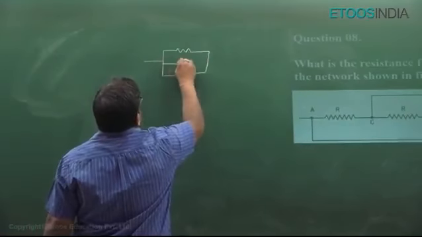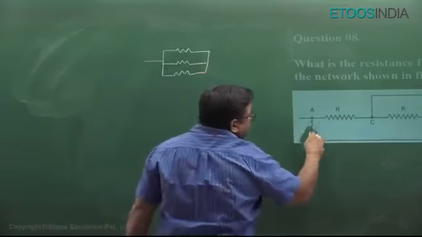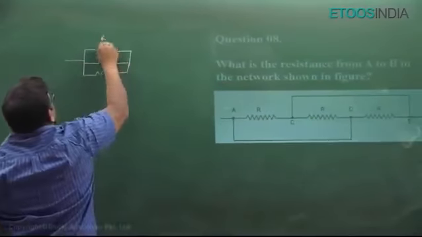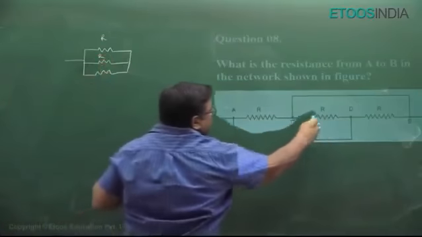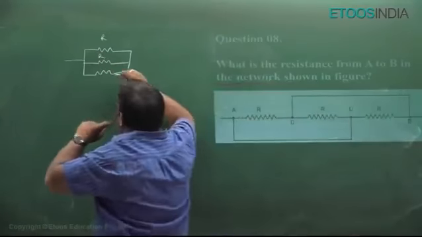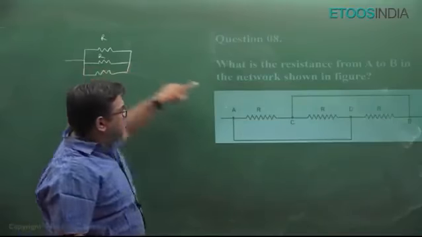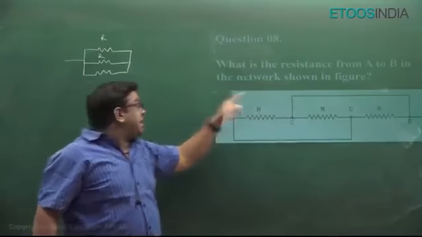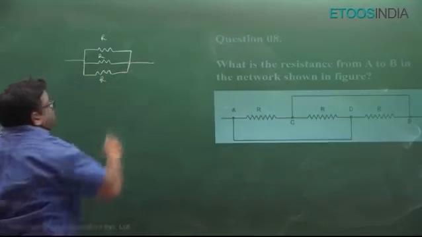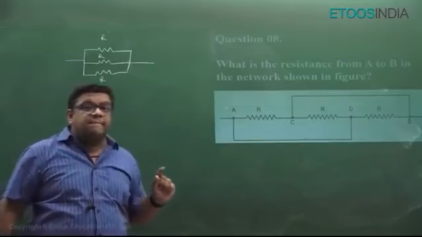it will be this. See, between this and this, these two are in parallel. These two are in parallel. Between this and this, these two are in parallel. So I have already included the middle one. I'll once again put it here and another value of R here. Now they are connected in parallel.